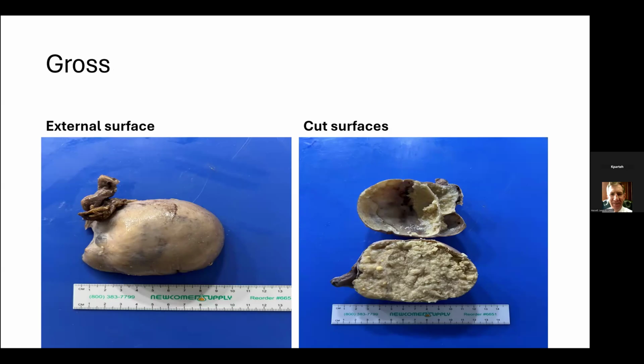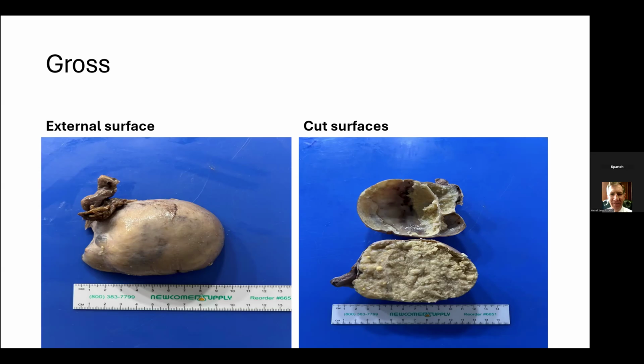The cut surface of the mass shows a multiloculated cyst with a lot of creamy and tan material. And beneath the creamy and tan material, there was a solid component that measured about 20 millimeters across in dimension. And that was the only focus that was solid.